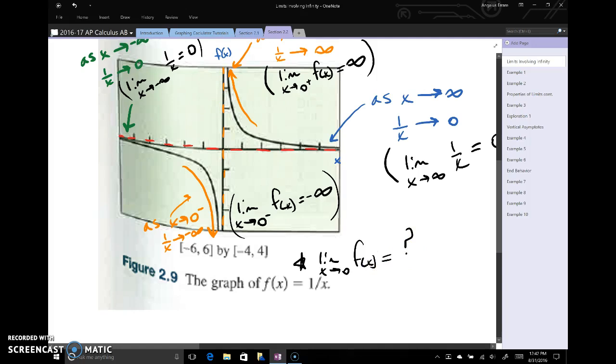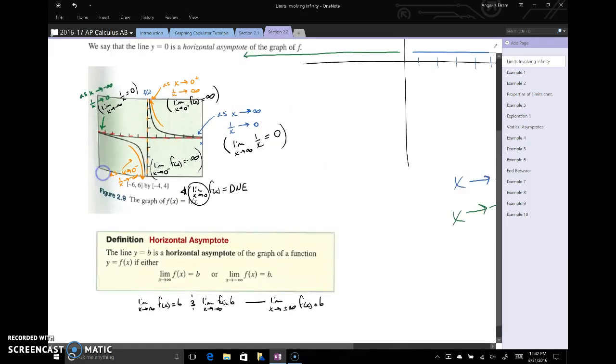Because it's approaching two different things depending on which side we approach 0 from. So the limit itself does not exist. So we would write does not exist because these two limits, the left and right-handed limits, don't match. If we're asked specifically, we would need to just list the left and the right-handed limits.